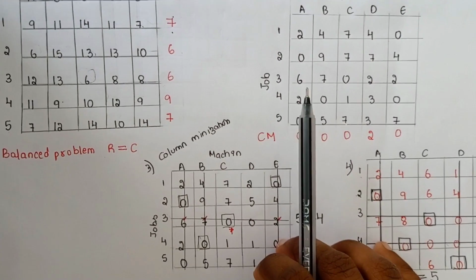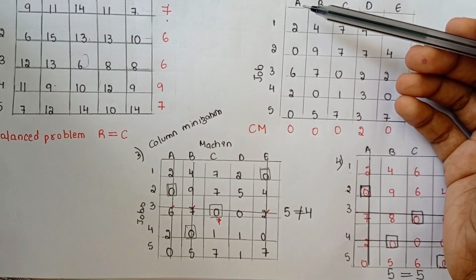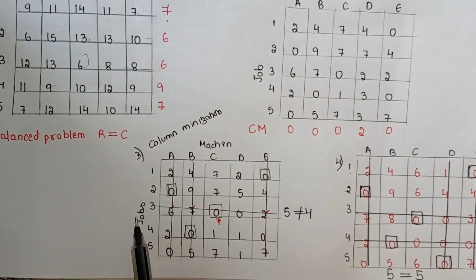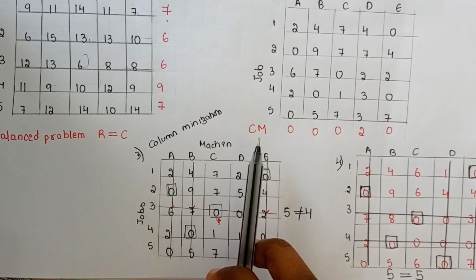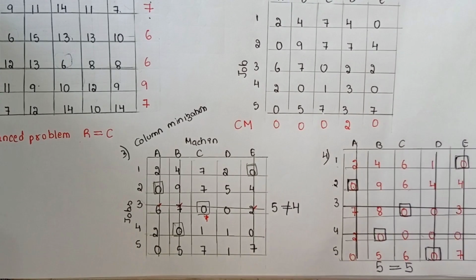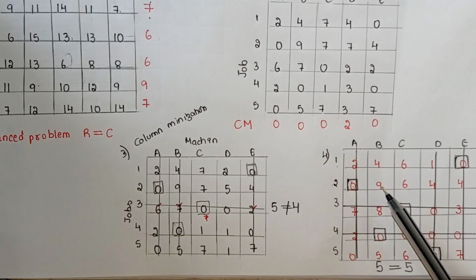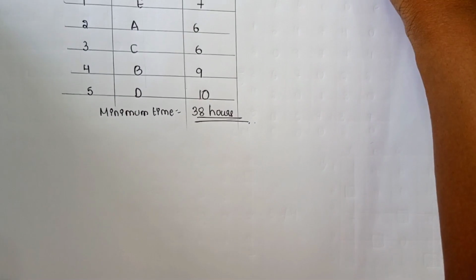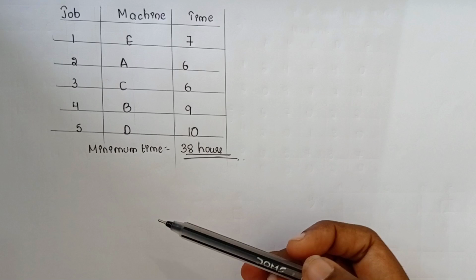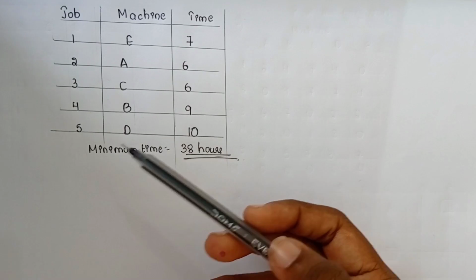From the second matrix, you have to identify the column minimization, that is minimum values in each column, and after that you have to do a modified solution, that is you have to write down the minimized values after deducting the column minimization, and after that you have to do the row scanning and column scanning, and at the intersecting point you have to add the least values from the values which are not affected by the row and column scanning, and for the remaining values you have to deduct it, and the remaining values which are just affected by the one line you have to write the same value, and finally you have to identify the time and also the total minimum time taken by the machines to complete that job.